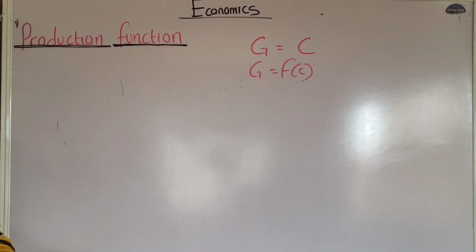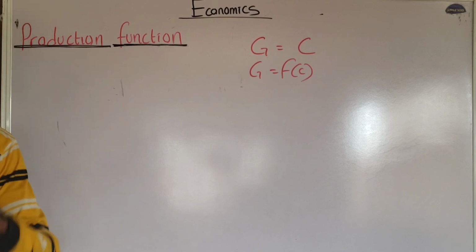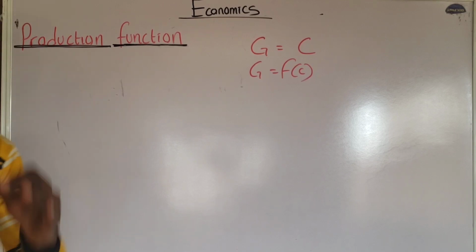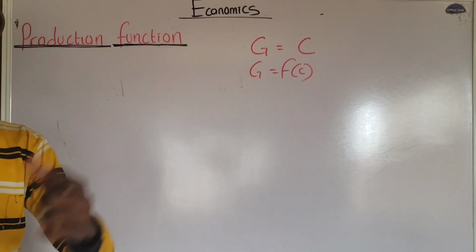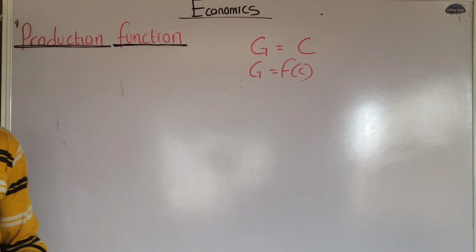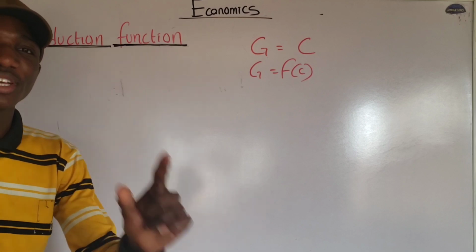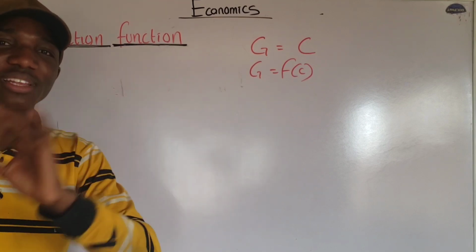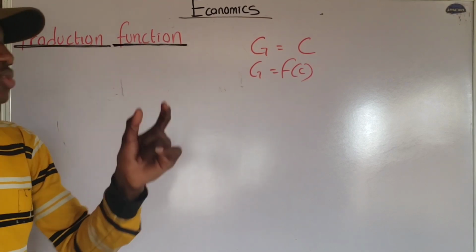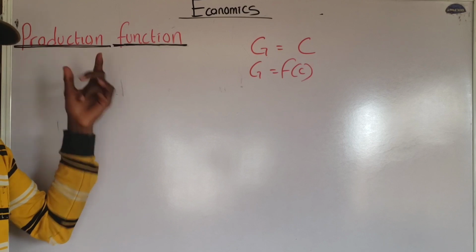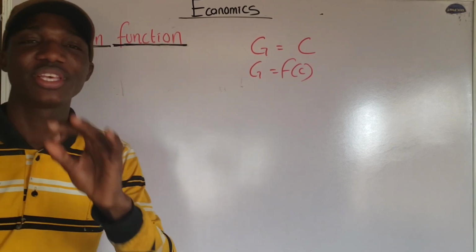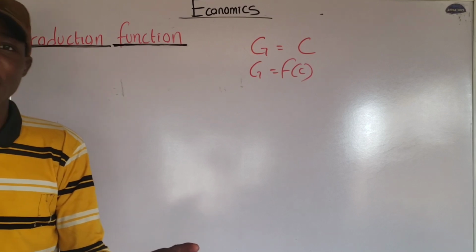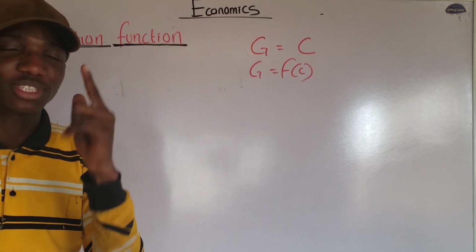So in simple terms, production function is a mathematical expression of our input as related to the output. A function that explains the relationship that exists between the input and the output is what we call production function. Take note of that, okay?